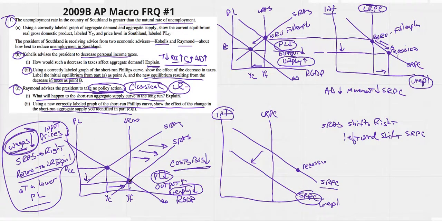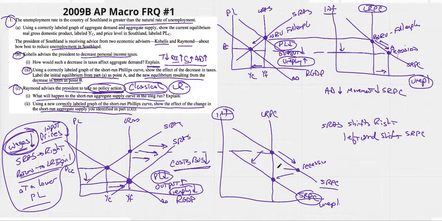I'm going a little bit step further because I want to show you going back to full employment. And if we think about this, originally we started at full employment here. Tick, tick, tick, tick, tick, straight across. Then we slid into a recession. Then there's no fiscal or monetary policy actions, so wages and prices fall.